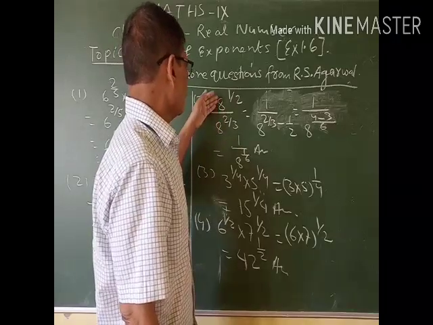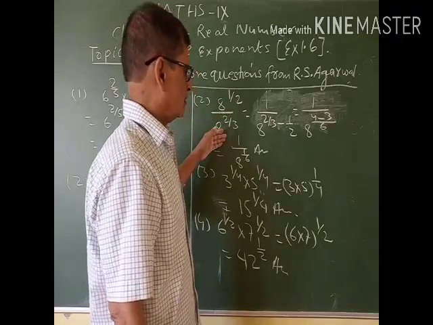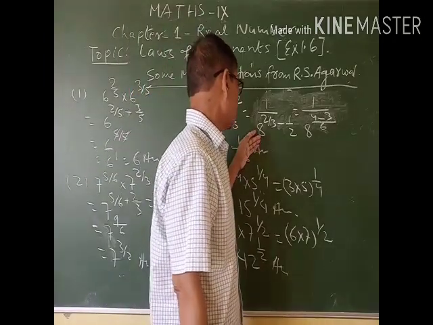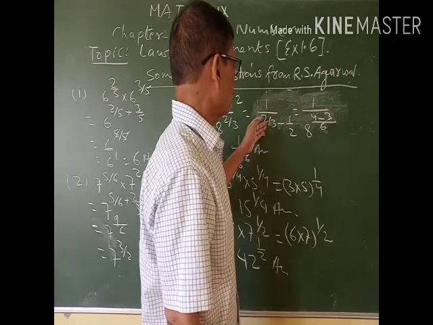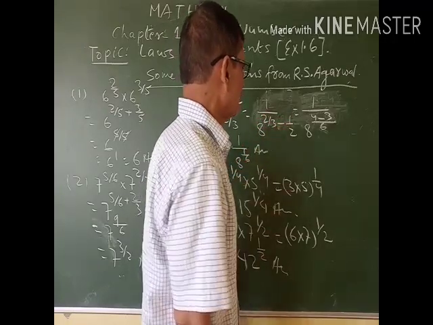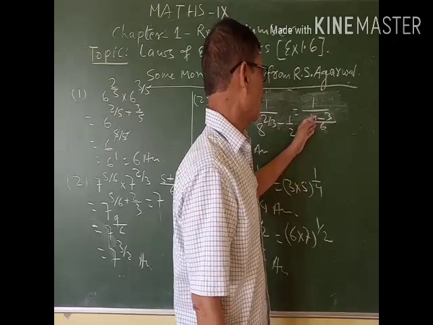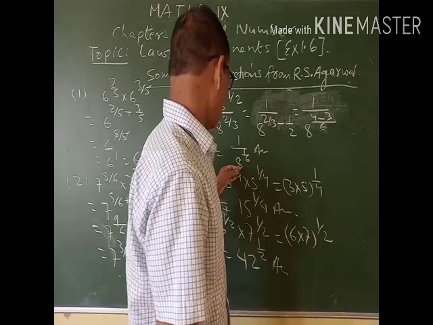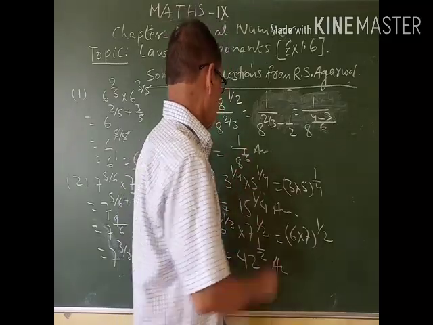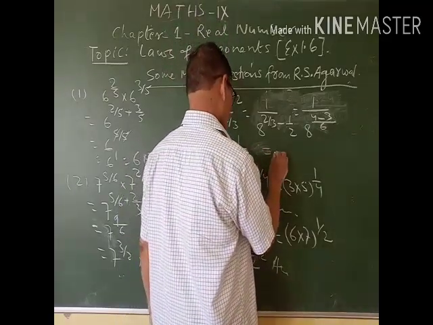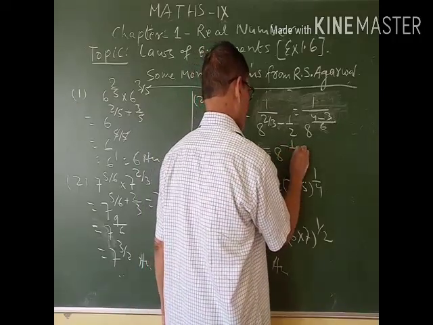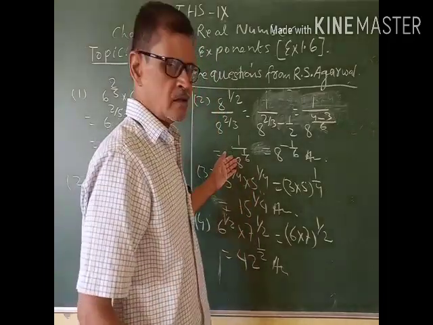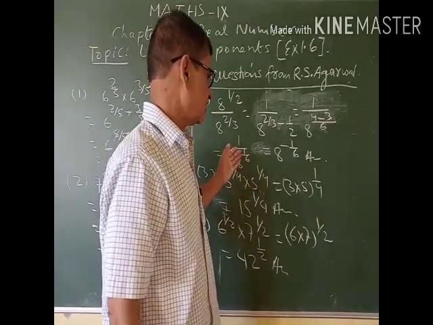Therefore, the numerator should be brought into the denominator, and you can write here 8 to the power 2 by 3 minus 1 by 2, 1 by 8 to the power 4 minus 3 by 6, and you will get 1 by 8 to the power 1 by 6. You can also write it like this, 8 to the power minus 1 by 6. You may write both results, either this or this.